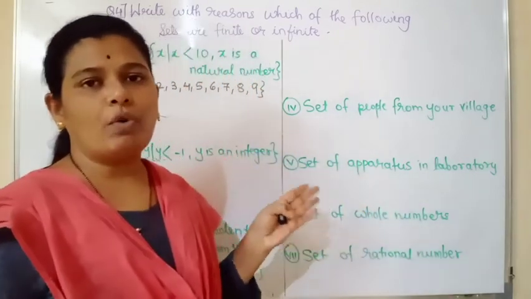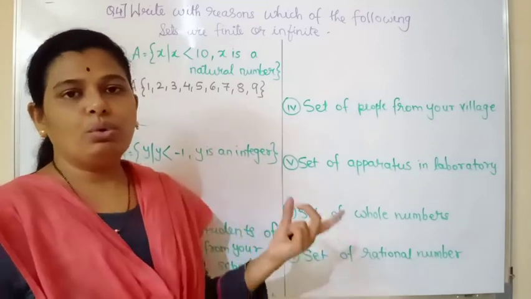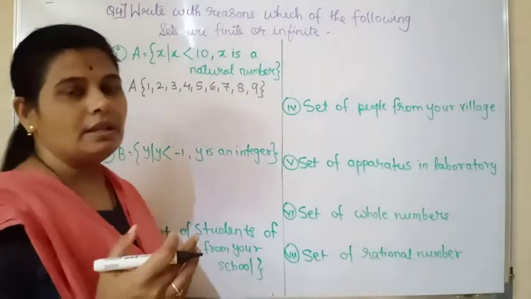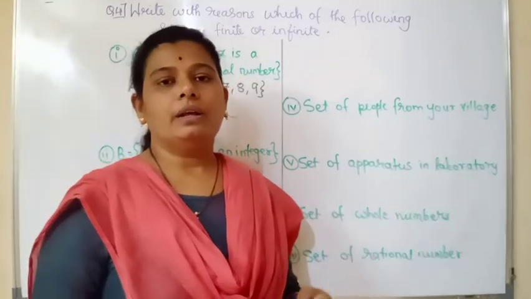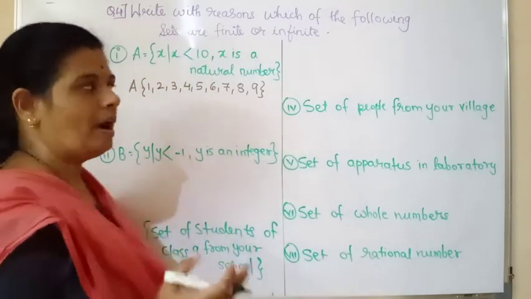Now in this set we are able to see that there is a certain limitation to the set. Okay, so the elements in the set A are limited, they are countable, and so set A is a finite set.